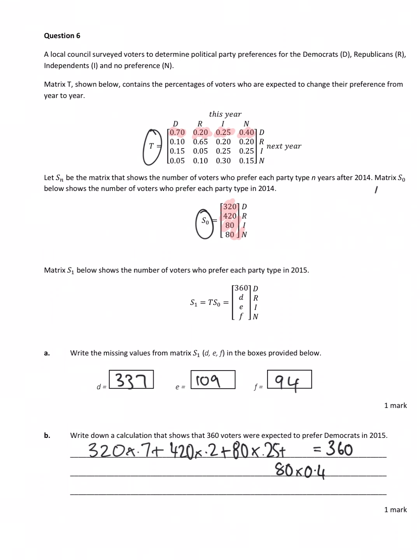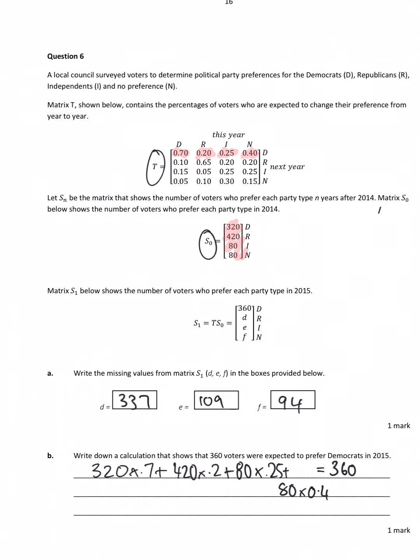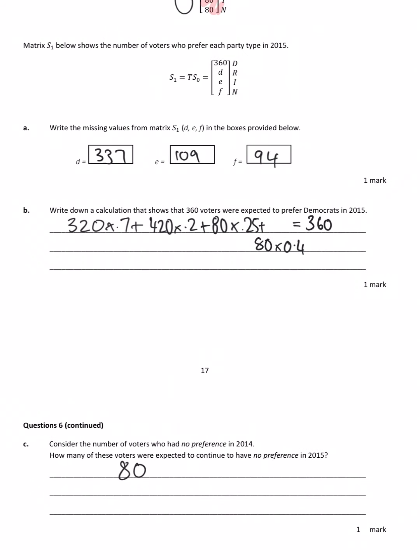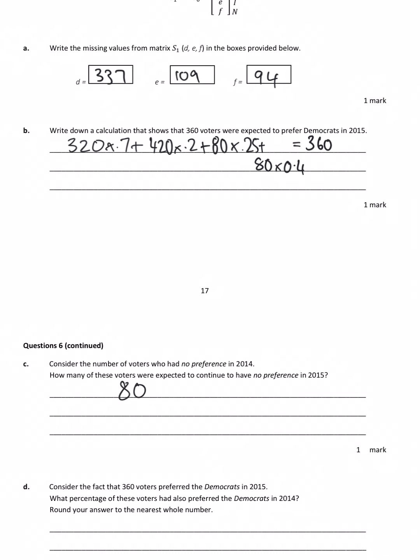We look at the percentage. The ones going from no preference to no preference is 15%. So you just do the 80 times 0.15, which I'll quickly do. So that's 12 people.